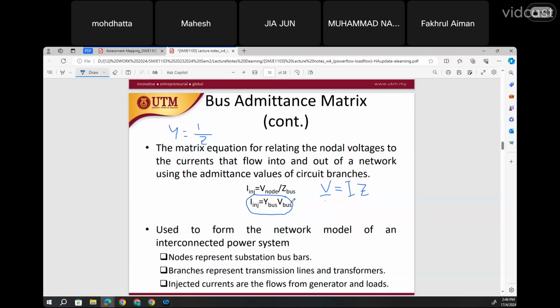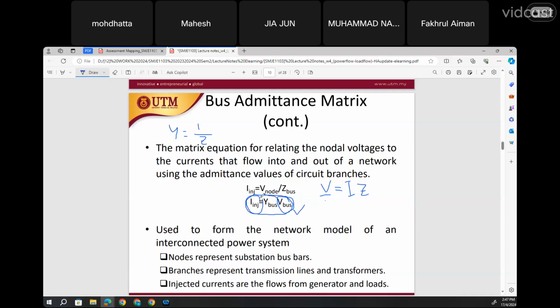That's why this comes into our picture, where we use the information of V bus, which will normally be given, and we set up an equation to find the current flowing from one bus to another bus.